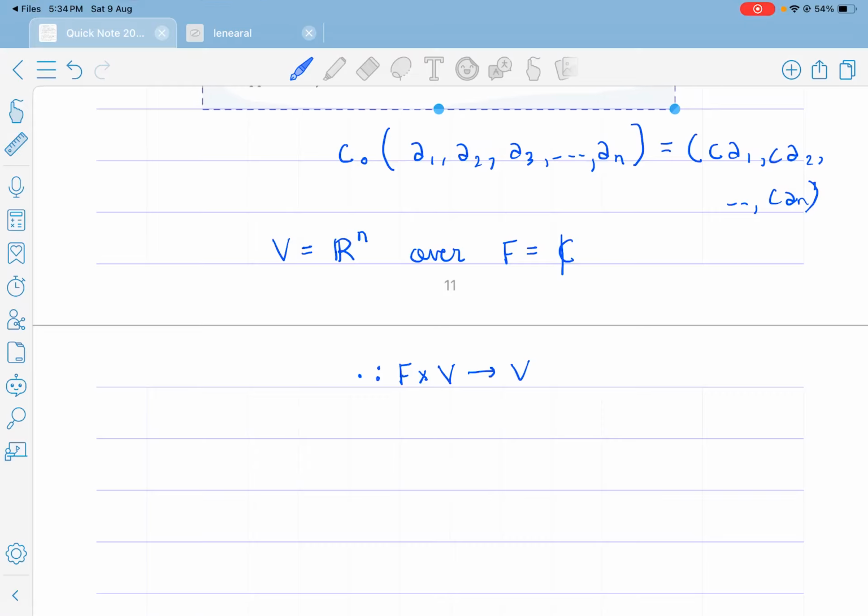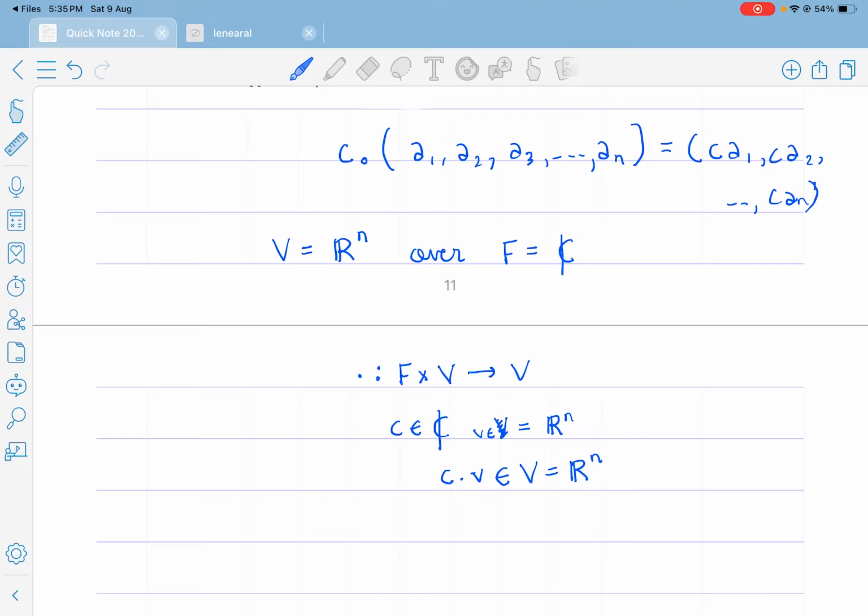So if you take c from the complex numbers and V is Rn, then c dot v should belong to V, which means Rn.